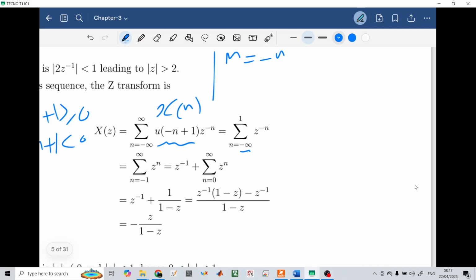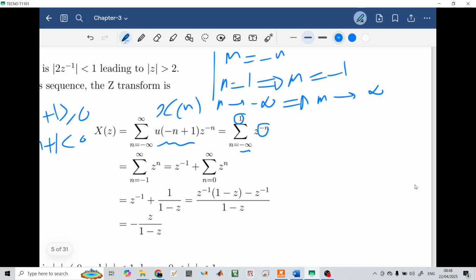So when n equals 1, the first term, m would equal minus 1, and when n goes to minus infinity, m goes to positive infinity, right?